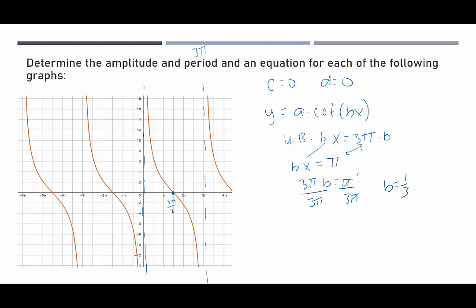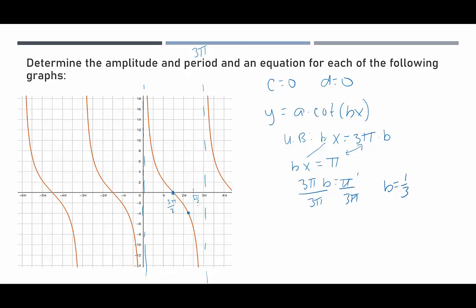The only thing we're missing is if there's an amplitude. So the way that I figure out the amplitude is I plug in 1/3 for b, and I find some other point on the graph to use to plug in for x and y. So let's see if we can find a nice point on the graph. This one's a little bit mean. I think right here we're going to see a nice point. This appears to be directly in between 2 pi and 5 pi over 2.